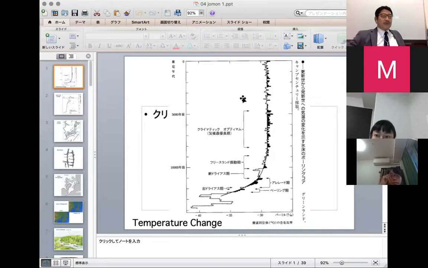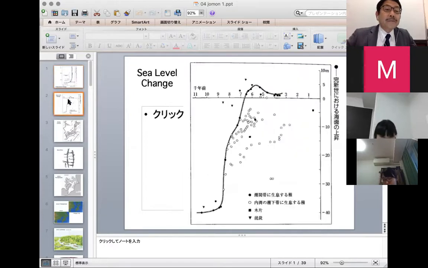We don't really know what happens with the balance between this human activity and natural change of temperature. We don't really know what happens in the future, close future or later. But for sure it has been going down from this time period. This was a peak. And you can see this zero level is the present level of the sea level. And it was higher than present, you see?